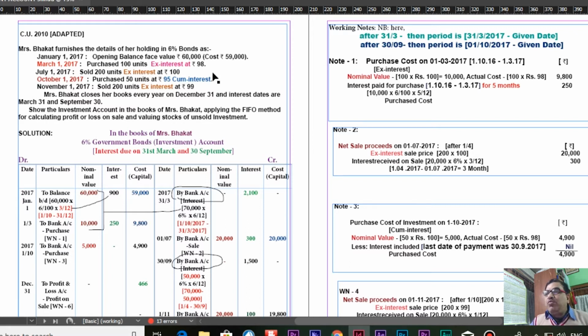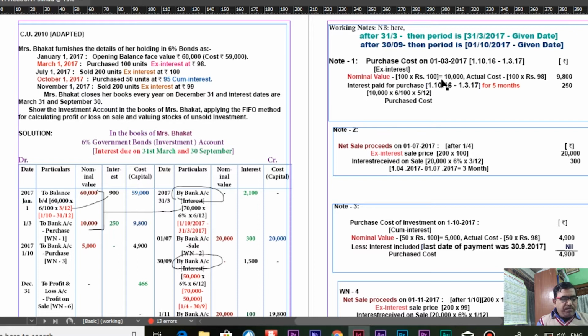Therefore, to bank 10,000, because how did I get this amount? See note number 1. Now follow note number 1. 100 into rupees 100. Now how did you get rupees 100? Mind it, there is no mention of rupees 100. Therefore, I consider rupees 100.